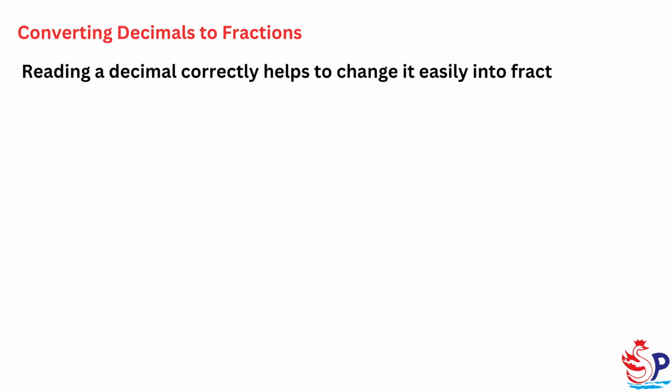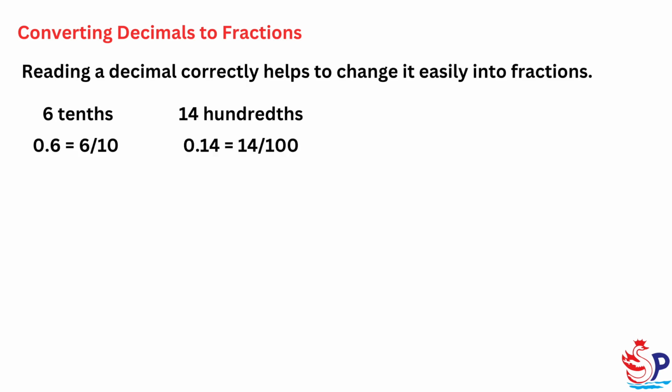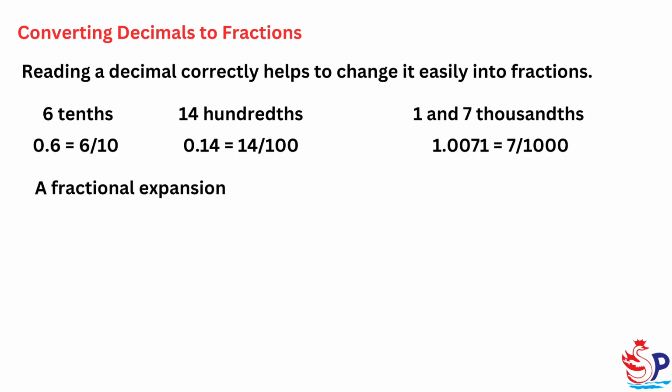Converting decimals to fractions. Reading a decimal correctly helps to change it easily into fractions. 0.6 equals 6/10. 0.14 equals 14/100. 1.007 equals 1 and 7/1000. A fractional expansion can also be used to convert it.